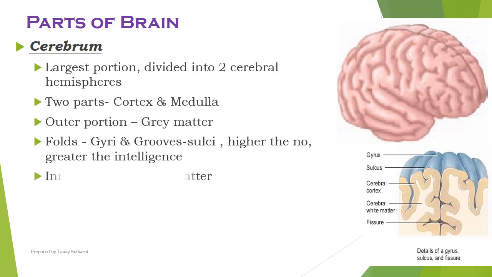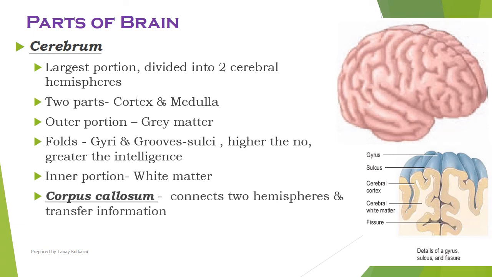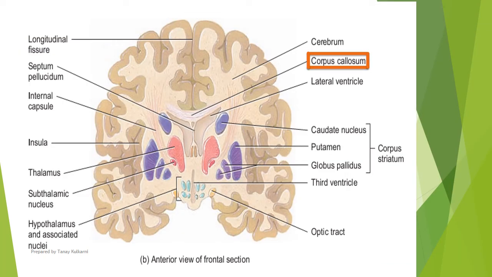The inner portion of the cerebrum consists of white matter, which contains the axons of neurons, and both these cerebral hemispheres are connected by corpus callosum. How does this corpus callosum look? In this diagram, can you see the part highlighted with the red box?